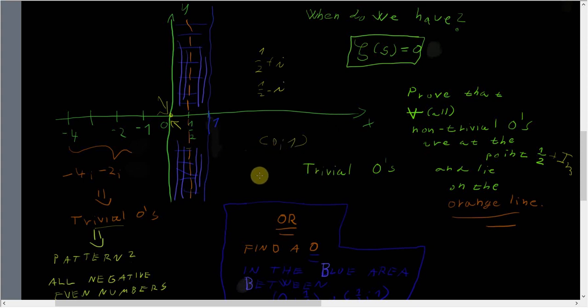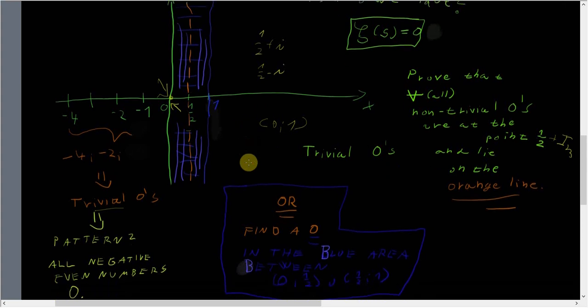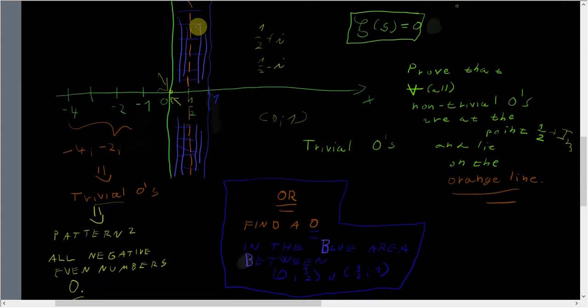Now, what we could do is just go around the problem. So instead of looking for all the zeros on this line, which goes into infinity, all we have to do is find a zero that is not on this line. So for, let's say, some values like 1/4 or some smaller or greater values than 1/2 lying in this area, from 0 to 1/2 and from 1/2 to 1.